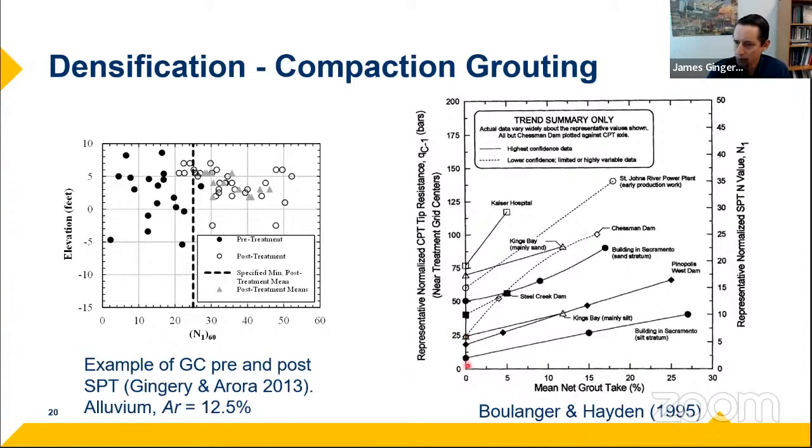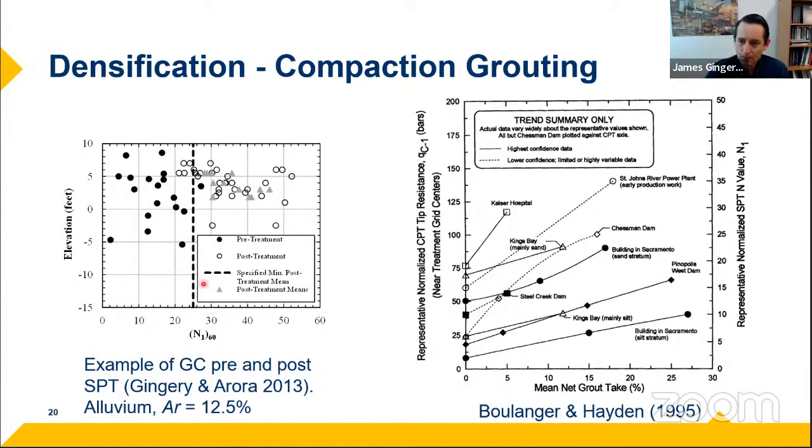So the original ground condition is here at 0 before the grouting was done, and then after the grouting was done, depending on the amount of grout that was injected, you saw an increase in the penetration resistance, either SPT-N or CPT tip resistance. So you can use charts like this to figure out how much improvement you might see depending on the amount of grout take, or the area replacement ratio of the grout, as we like to call it.